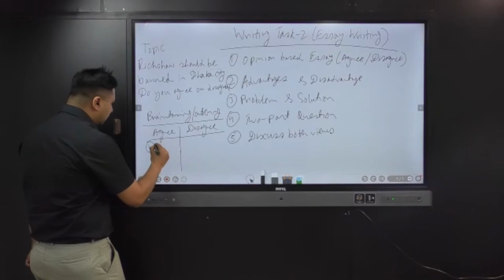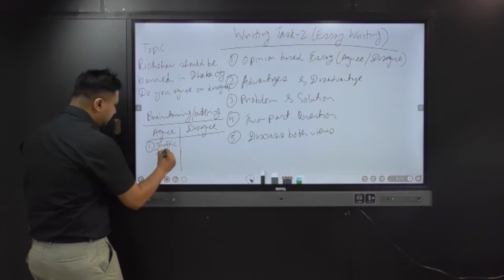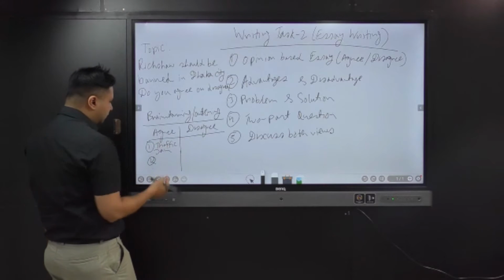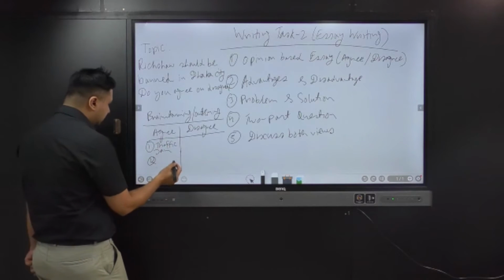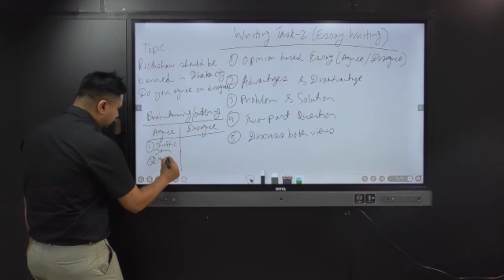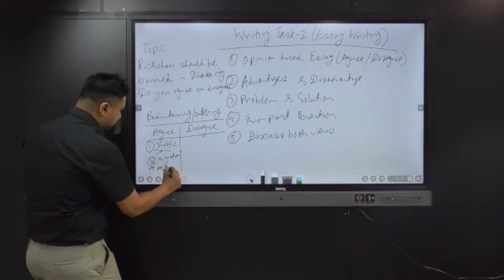So you can do some. First one is traffic jam. Next one is migration of illiterate people.